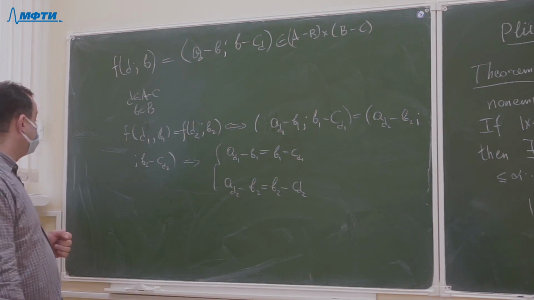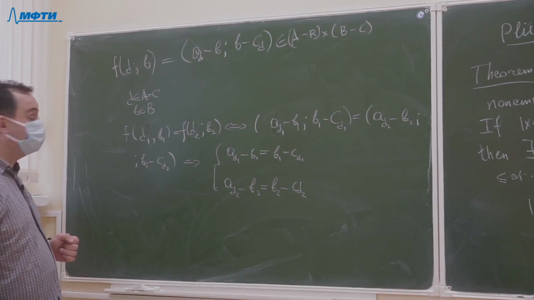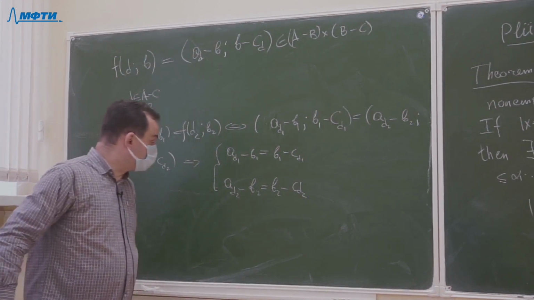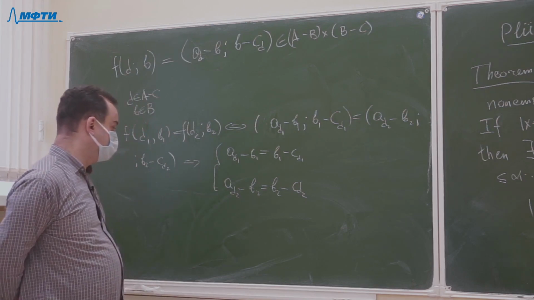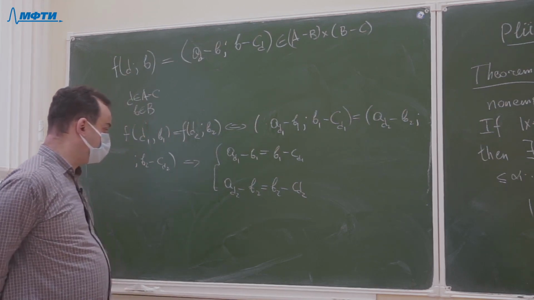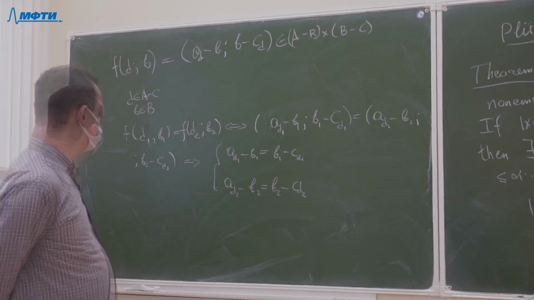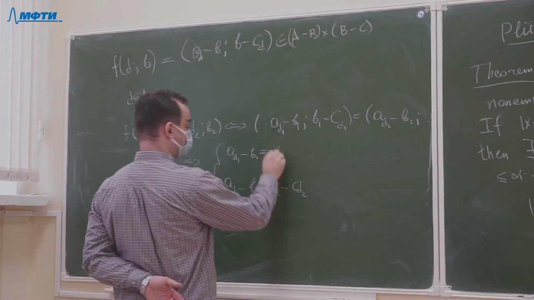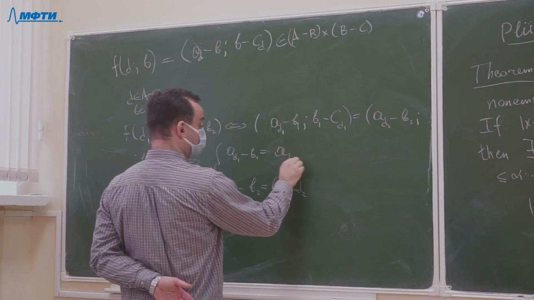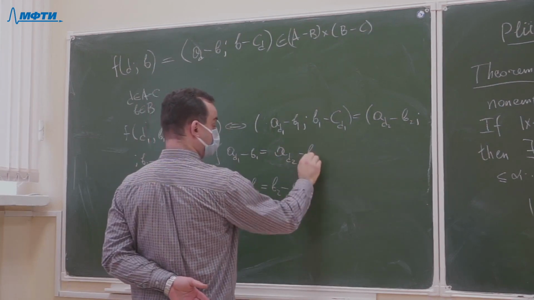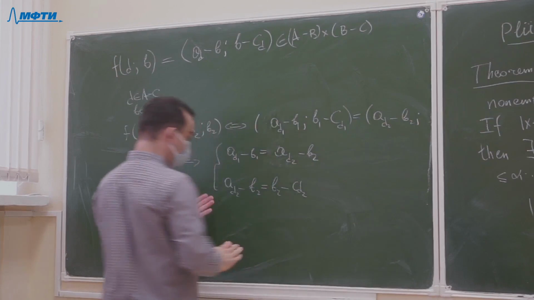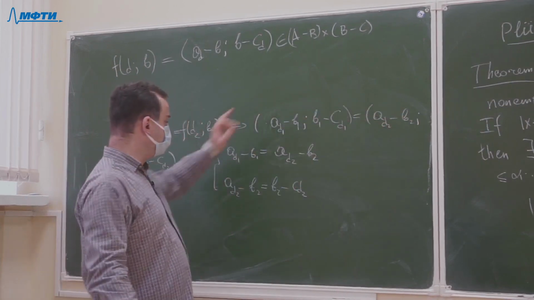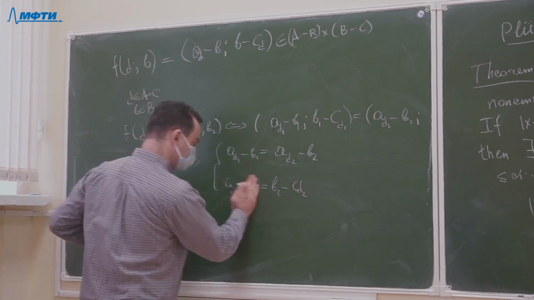What do we know? Sorry, I wrote everything incorrectly. Naturally, the first component equals this first component, and this component equals this component.